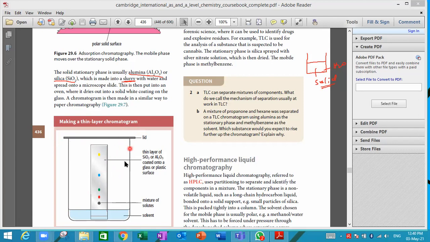Okay. And here the mode of separation depends on two things. It depends on the solubility of the solutes in the mobile phase, and also on the adsorption on the surface of the stationary phase.